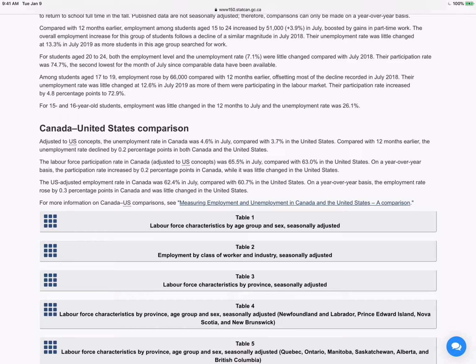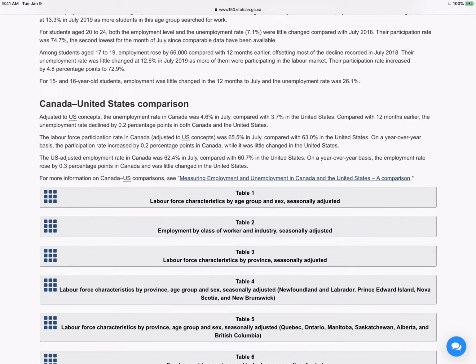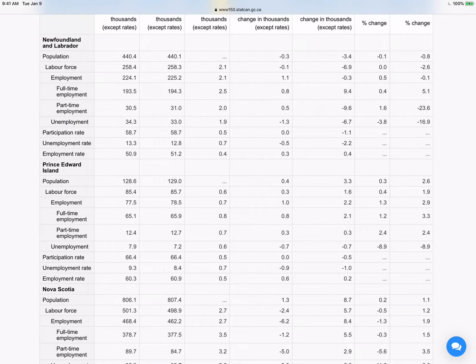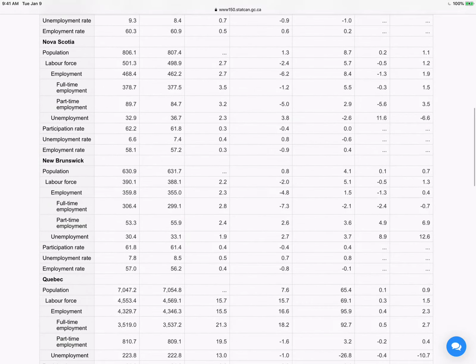The second one, we don't want the second one, we want to go to the third one. The third one will give us the labor force characteristics by province. So when we go in here, we can look at the unemployment rate and the labor force characteristics from Newfoundland, Prince Edward Island, all the way down, and we could find Alberta. So we dig in to the indicator to get more detail about our province.